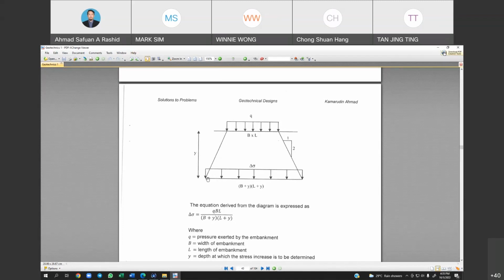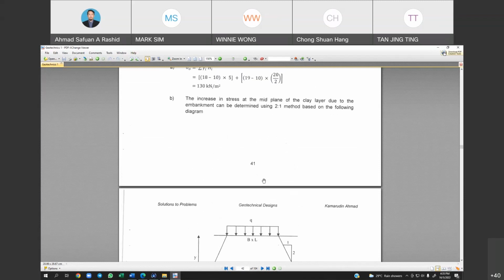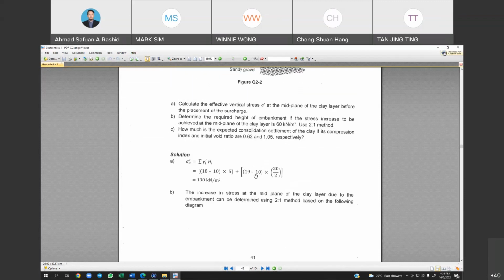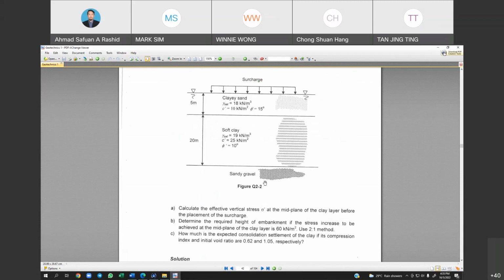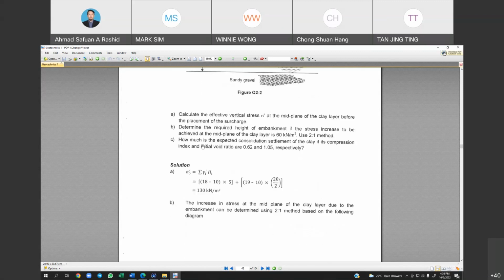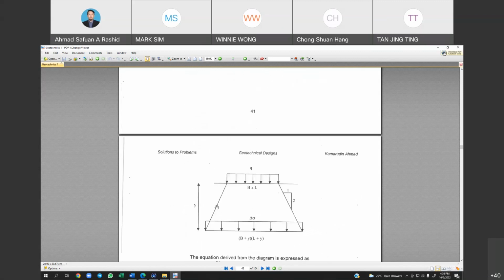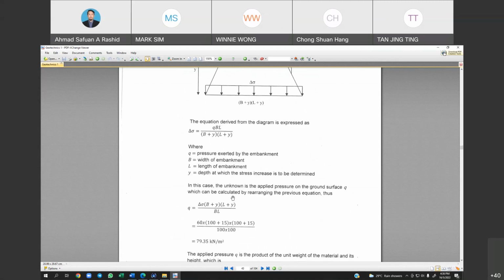The increment of stress at the depth of y is equal to 60 here, and the thickness up to the middle of the clay layer is 5 times 10, which is equal to 15. Y is equal to 15. Then you need to rearrange to get the Q value.